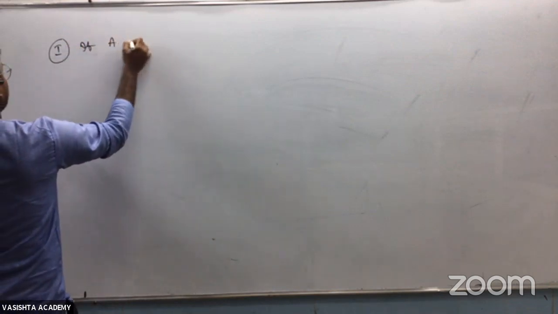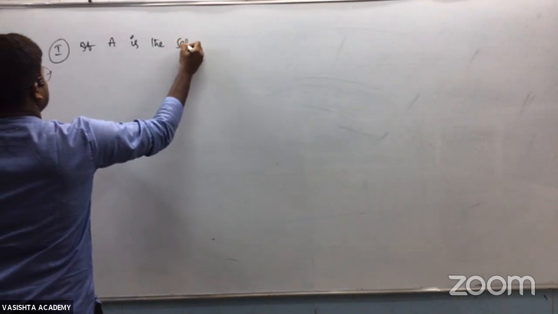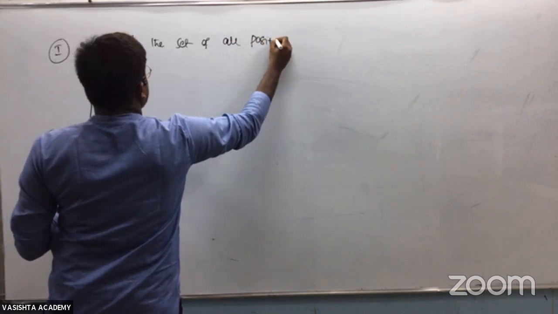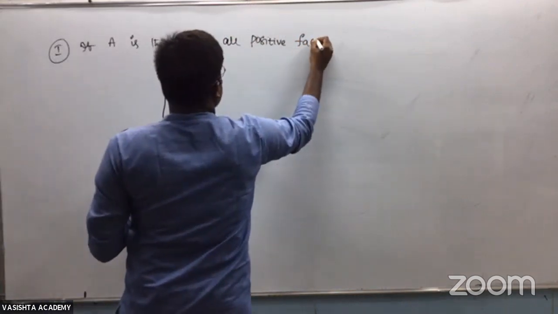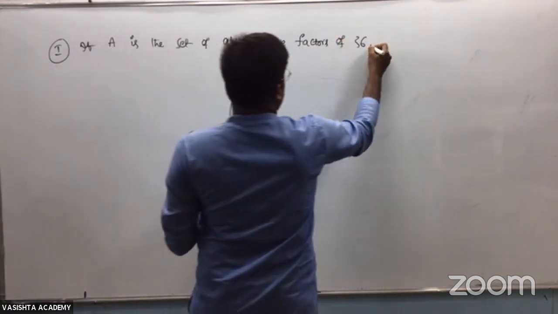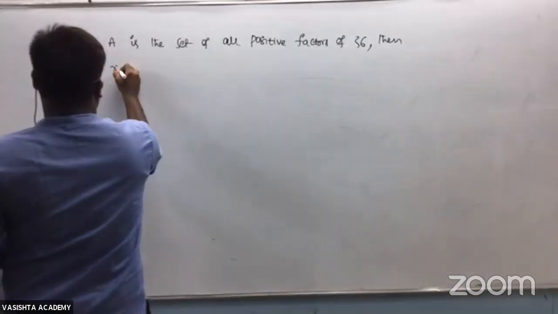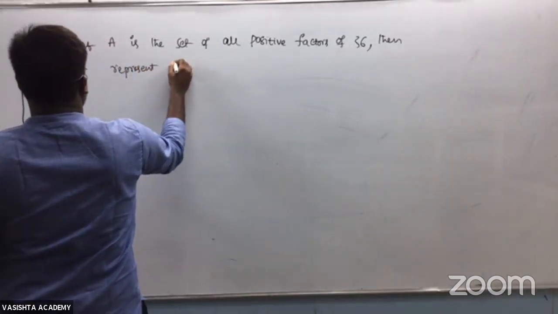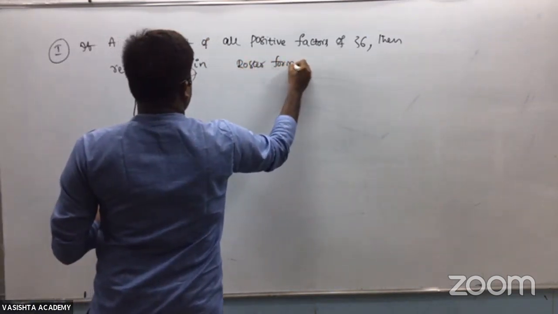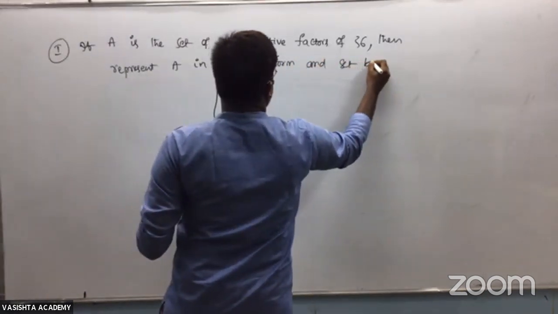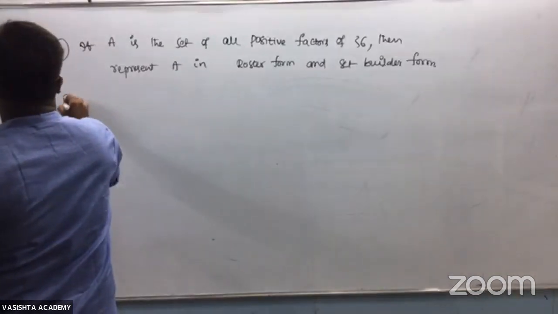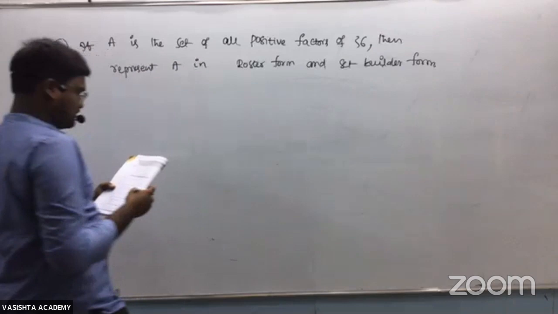If A is the set of all positive factors of 36, then represent A in roster form and set builder form. Okay, A is the set of all positive factors of 36.